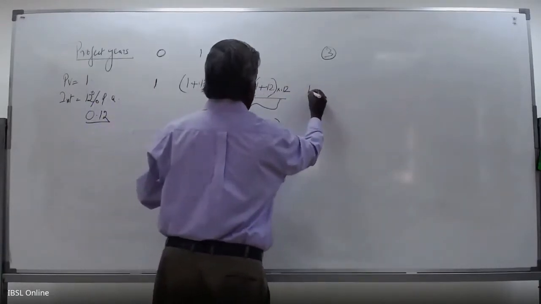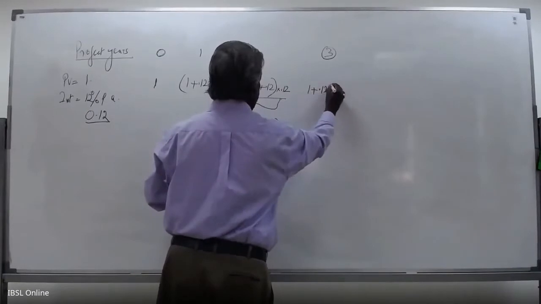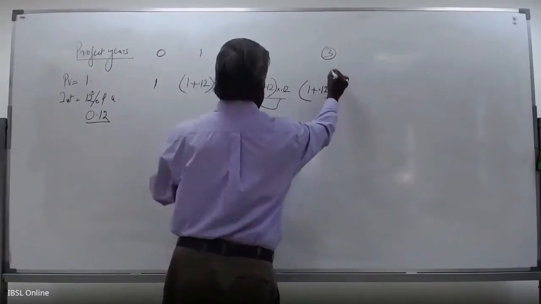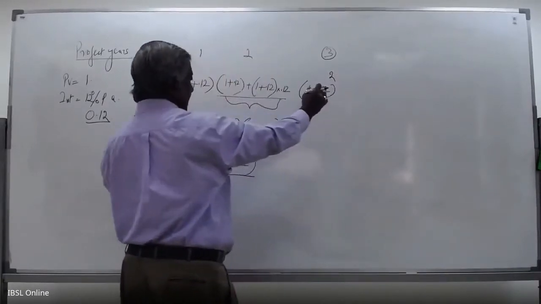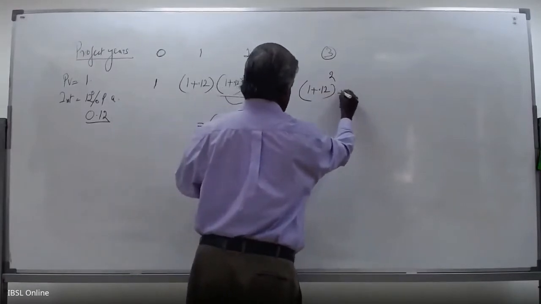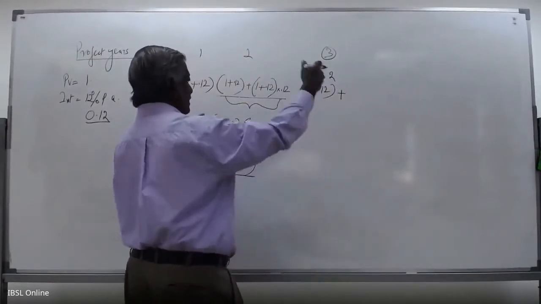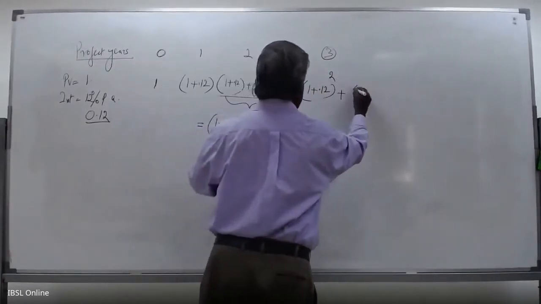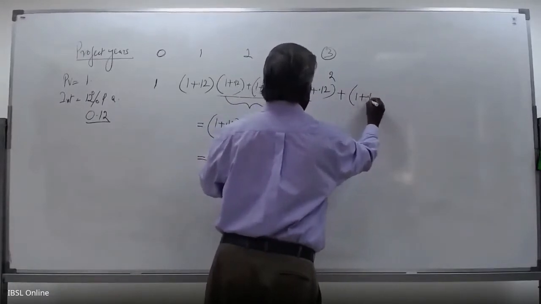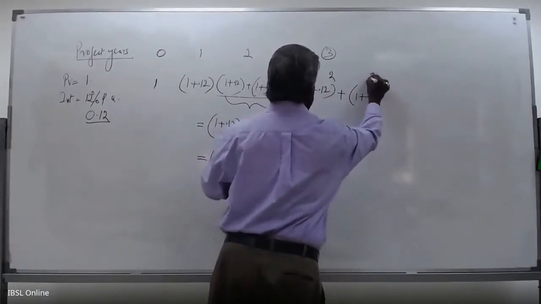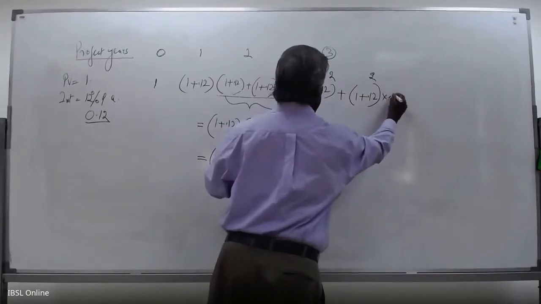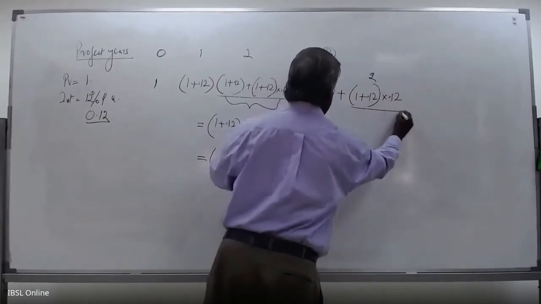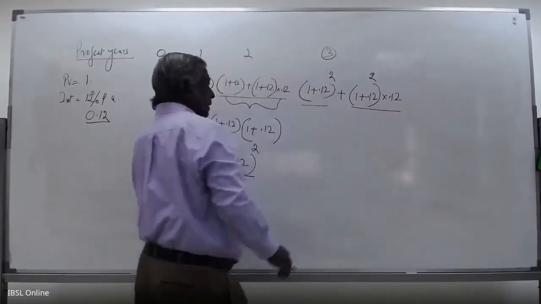So 1 plus 0.12 to the power 2, this is the capital, plus interest on this capital, that is 1 plus 0.12 to the power 2 into 0.12. This is the interest portion, this is the capital portion.